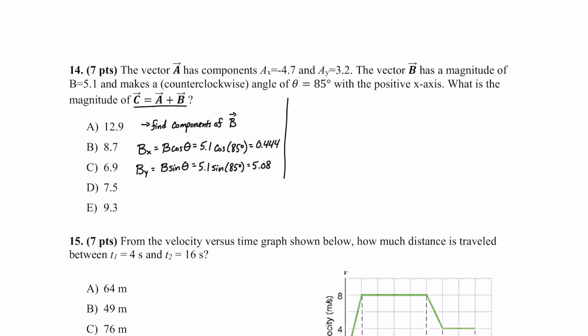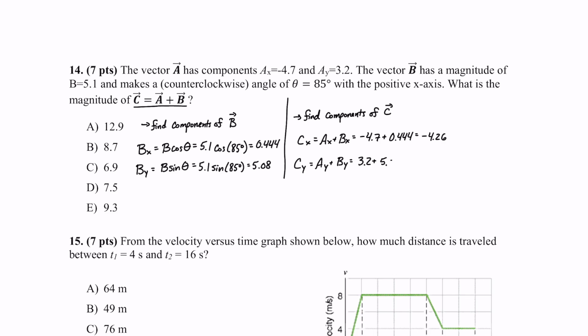So at this point, now we can add the components of A to the components of B to figure out the components of vector C, where Cx is equal to Ax plus Bx. Ax is negative 4.7, Bx is 0.444 for this value of Cx, and Cy is equal to the y components of A and B added together.